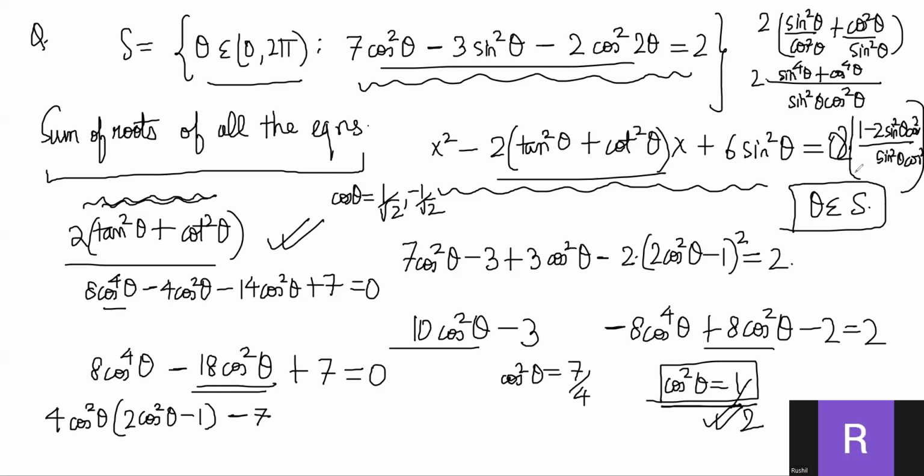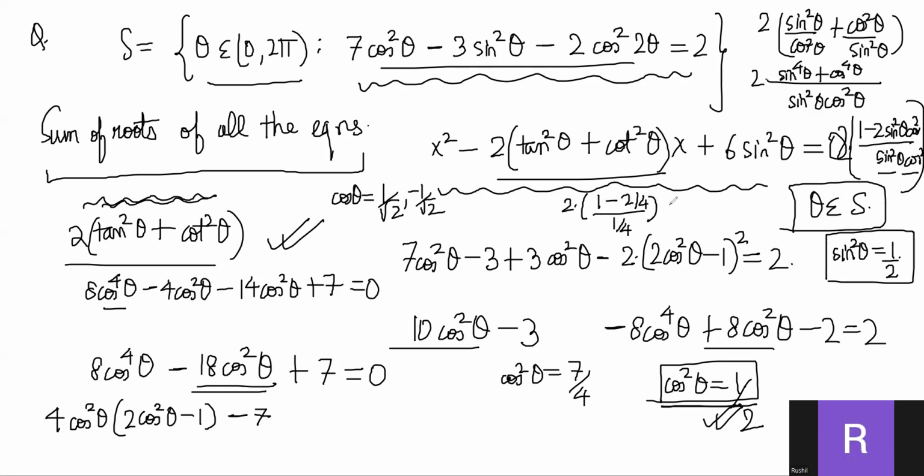Now we can say that if cos square theta is half, sine square theta will also be half. So this and this, half and half, becomes 1/4. We are getting 2 times 1 minus 2 by 4 by 1 by 4.